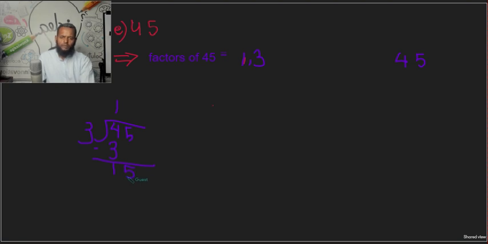Okay, good, very nice. Right, comma here, okay? Okay, good. What is the next factor after 3?